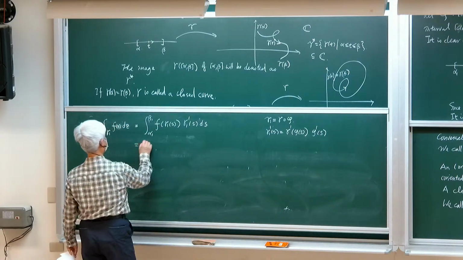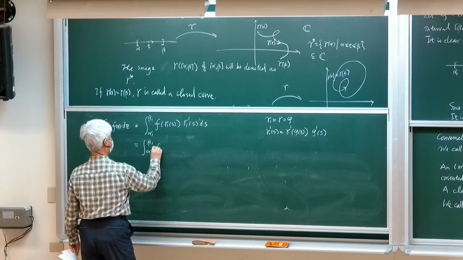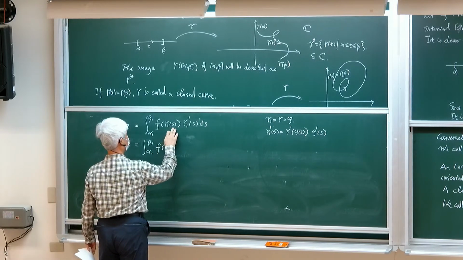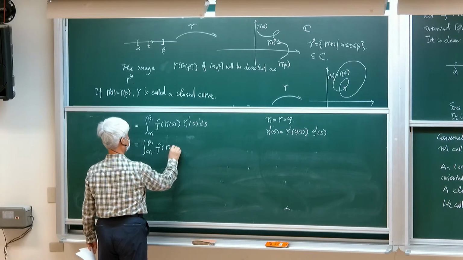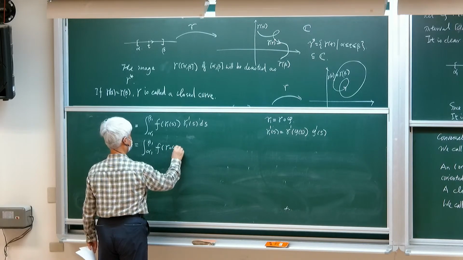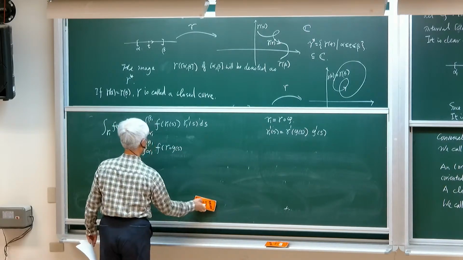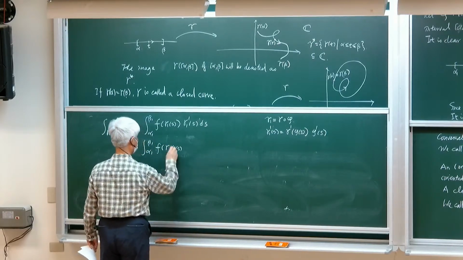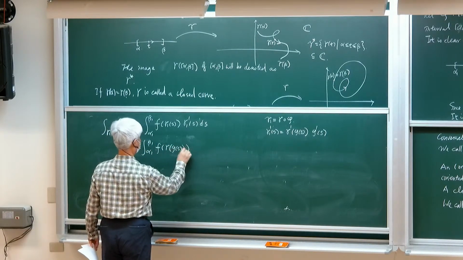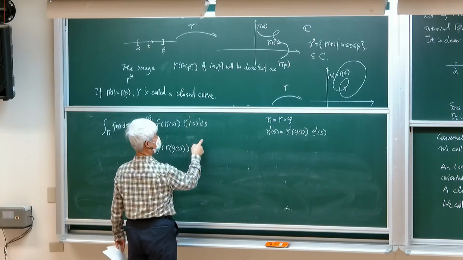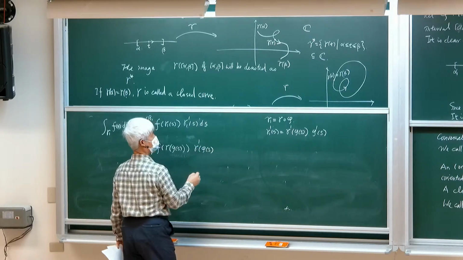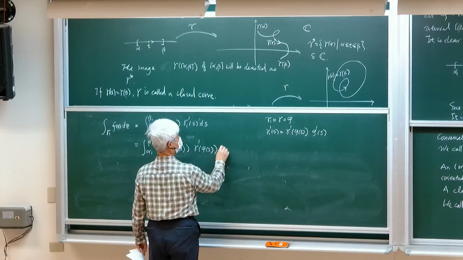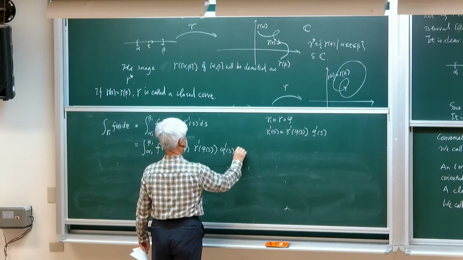So now we have F of gamma of phi s, and gamma 1 prime is gamma prime of phi s times phi prime s, and ds here.